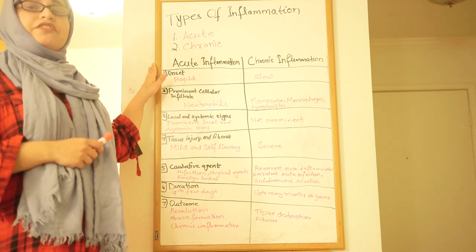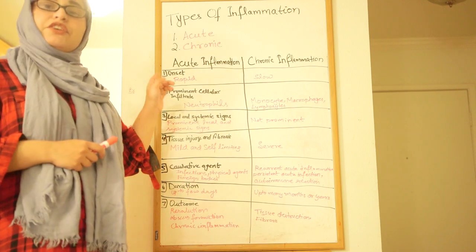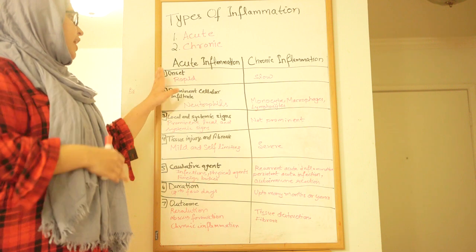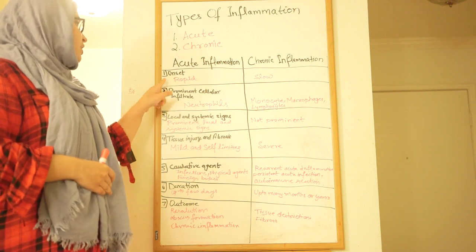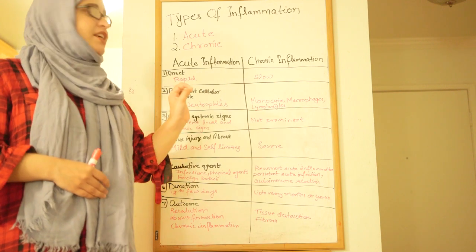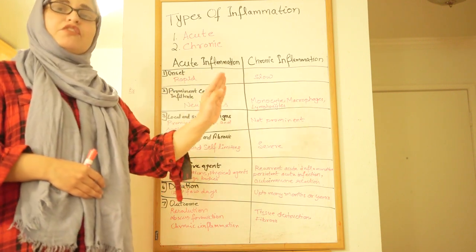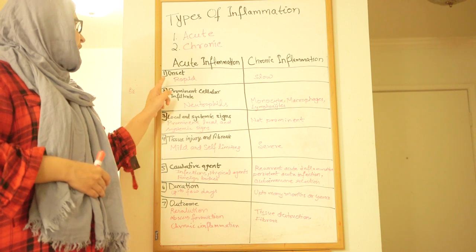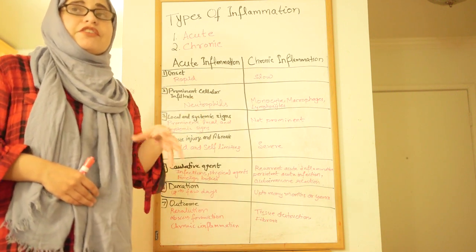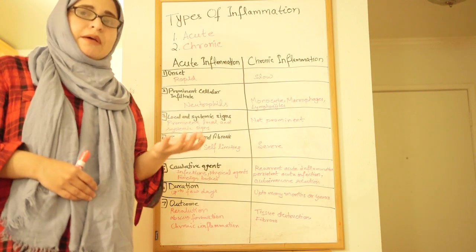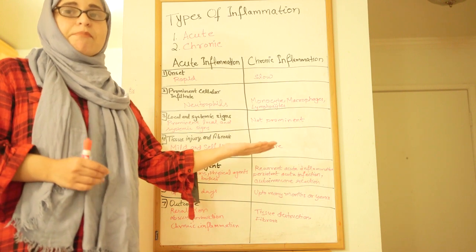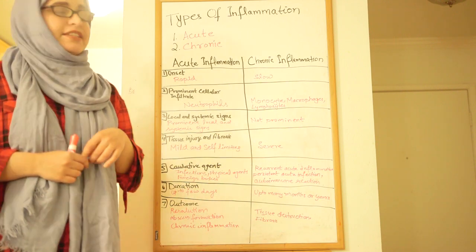Let us know the difference between acute and chronic inflammation. The onset of acute inflammation is rapid and the onset of chronic inflammation is slower. In acute inflammation, the prominent cellular infiltrates are neutrophils, but in chronic inflammation come the monocytes, macrophages and lymphocytes.